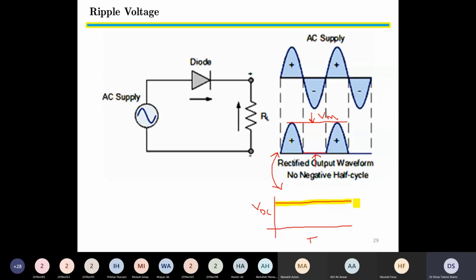The ripple voltage is equal to the peak voltage. So we have to decrease the ripple voltage. Our ideal is 0 and we have to approach 0. We have to approach our ideal ripple voltage, which is 0. The ripple in the single diode rectifier case is maximum.